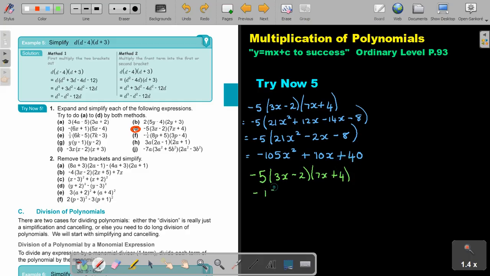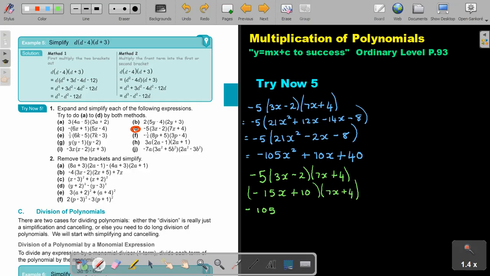So I get -15x plus 10, and I get 7x plus 4. Now I just multiply. By multiplying this one in, I'm going to get -15 times 7 is -105.